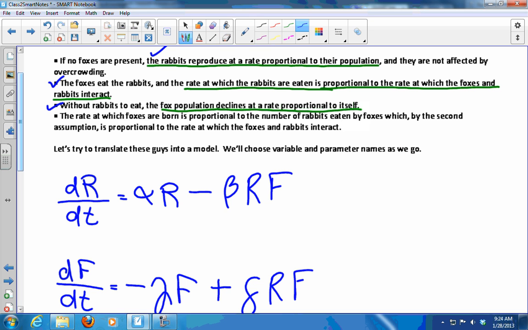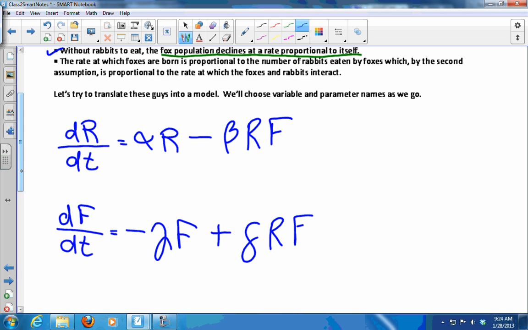And assumption 4, same thing. The rate at which foxes are born is proportional to the rate at which the foxes and rabbits interact. So we add a growth rate onto dF/dt. Okay?